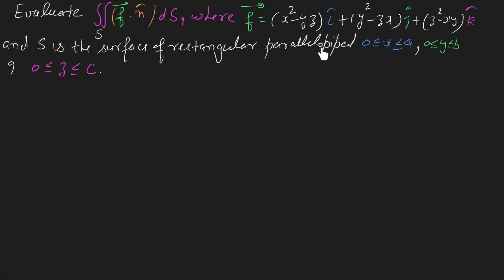So firstly let me draw that parallelepiped, and see what it will look like. Since it is a rectangular parallelepiped, we have to make sure that the sides don't look equal.